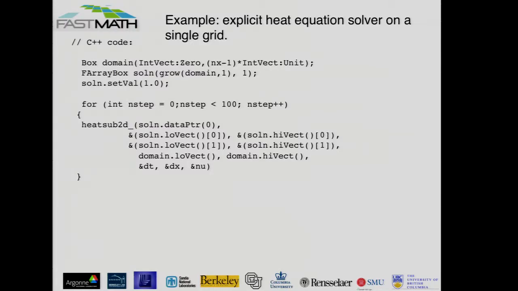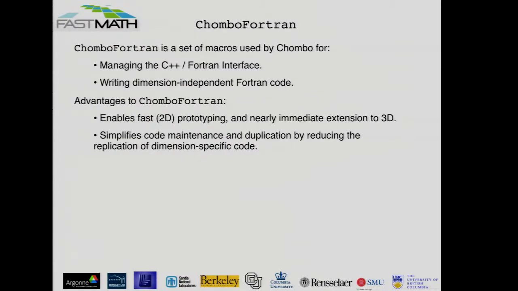Now, in Chombo, there is a very limited domain-specific language that actually carries out this translation. What happens is we want dimension-independent code, and when you have lots of arguments in a solver, it becomes a very error-prone process.